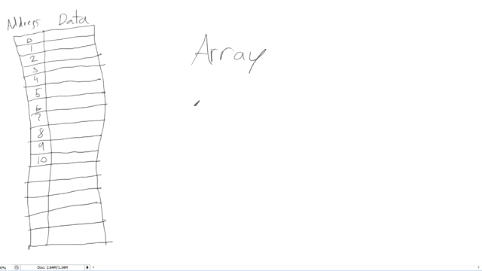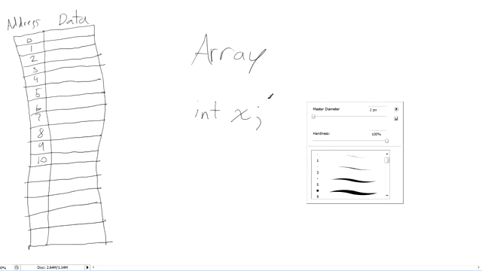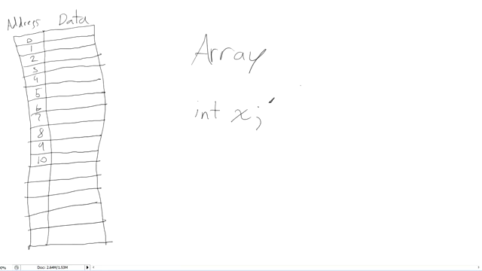Now, in C++, in C, when you make a variable, when you say int x, right? Metaphorically speaking, when your program runs and it hits this line of your code, what happens is the computer says, okay, you want a variable, you want an integer, x.